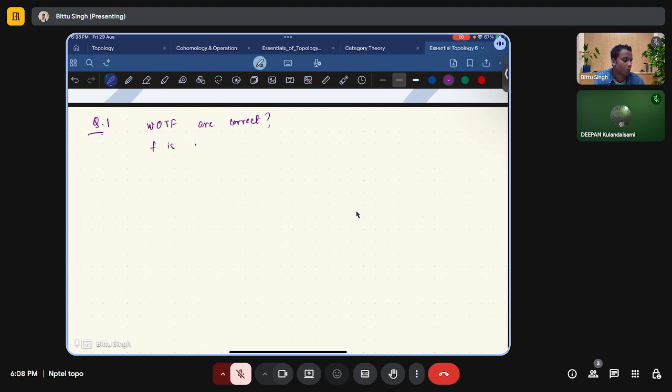F is continuous if and only if option A, f of A closure is contained in f A closure. B, f is open. C, f is closed. And option D.